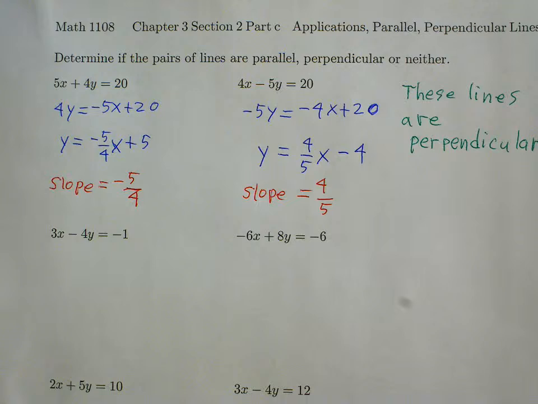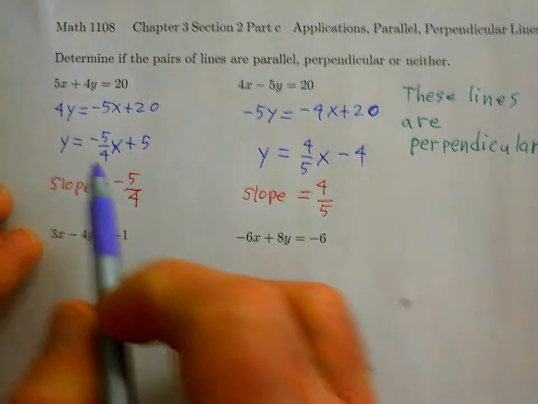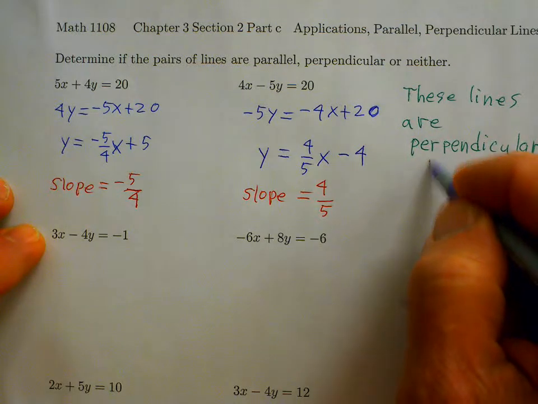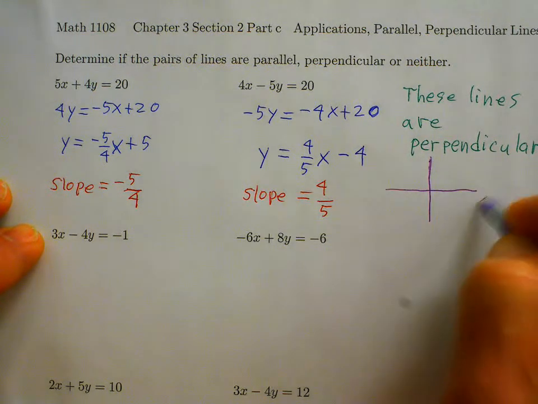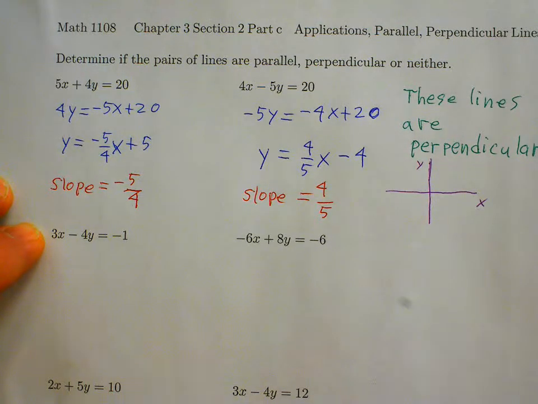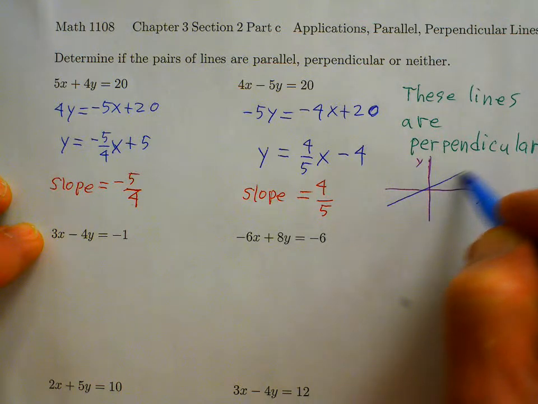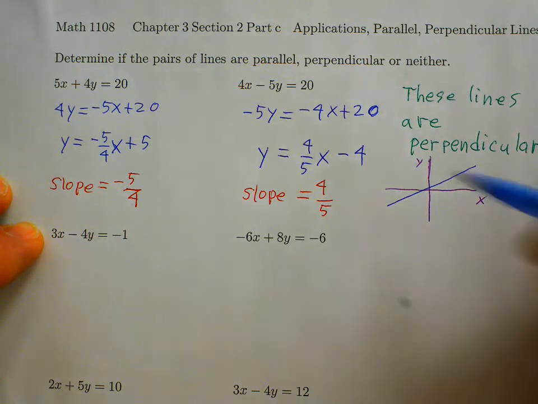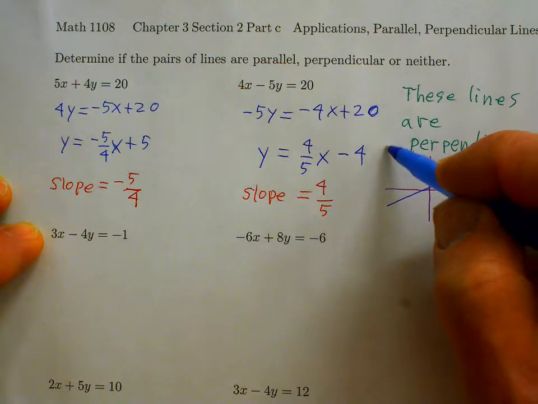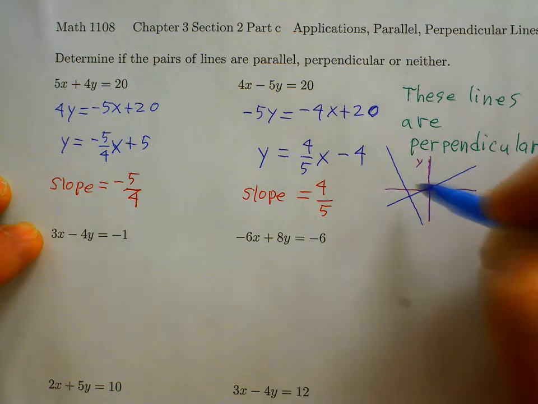I should graph two lines that are perpendicular at some point. I won't graph these two lines, I'll just show you what two lines that are perpendicular look like. So if you have one line that looks like this, then a line that's perpendicular to it would look something like that.